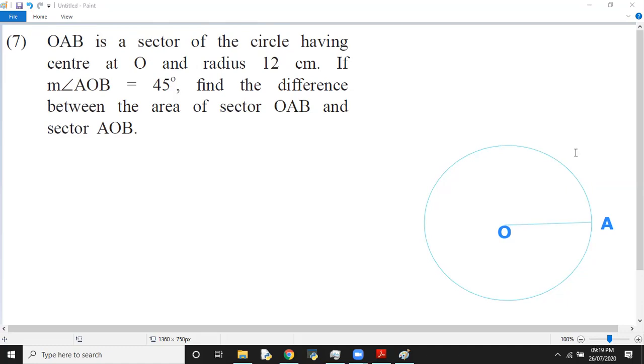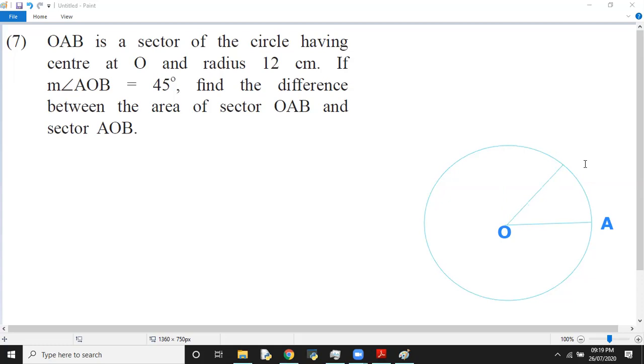Now I want to draw an angle. 45 degree means this is 90 degree and this is 45 degree.